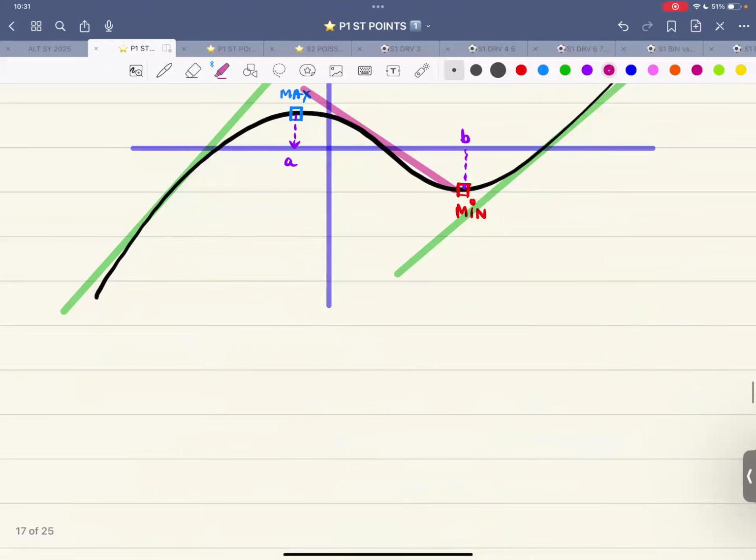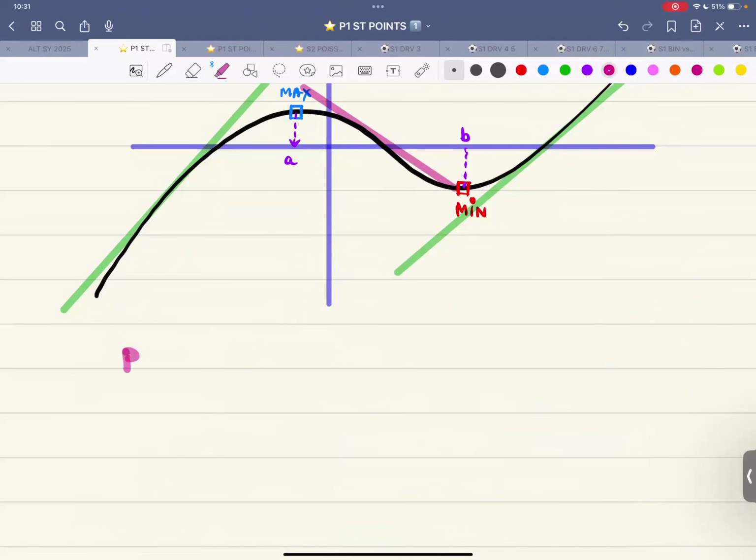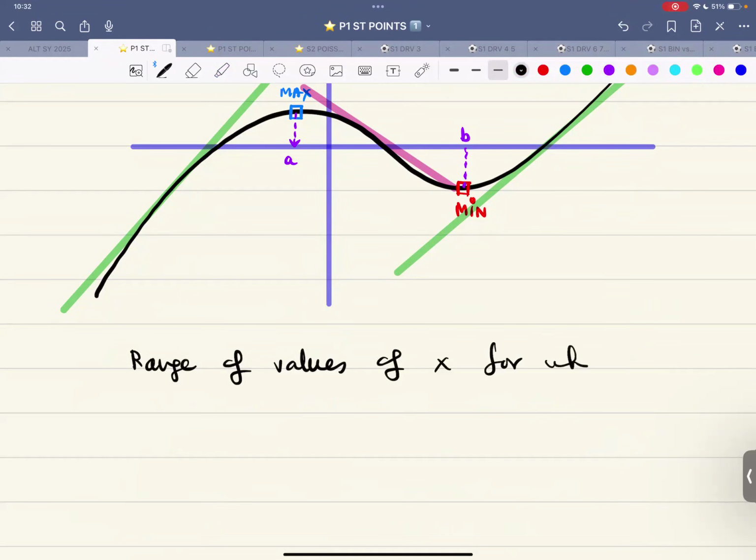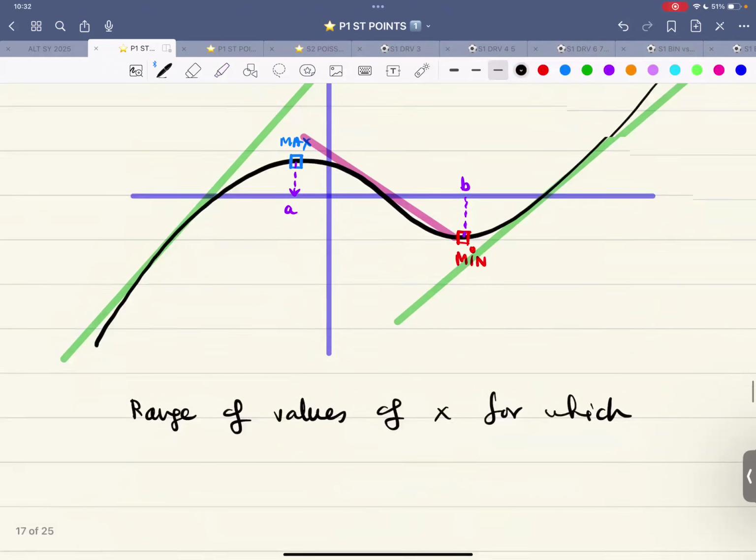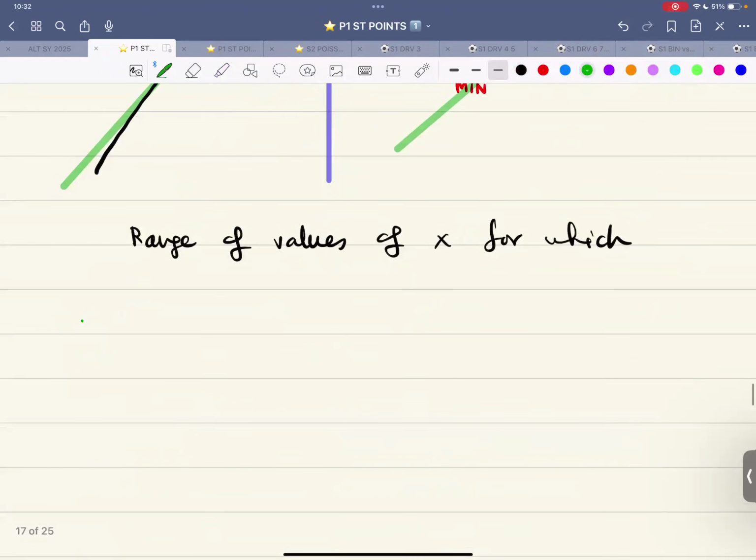Now, if I ask you the range of values of x for which slope is positive versus slope is negative.